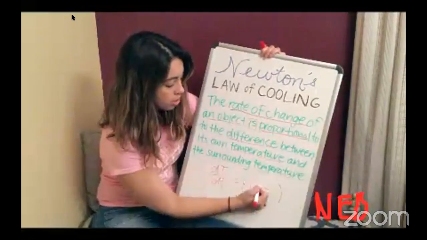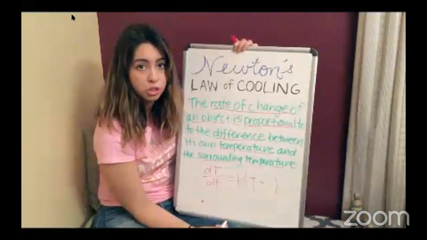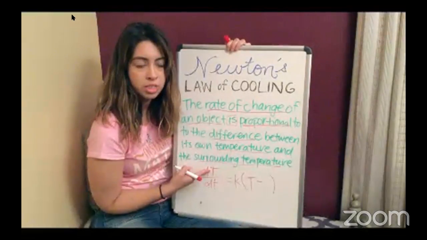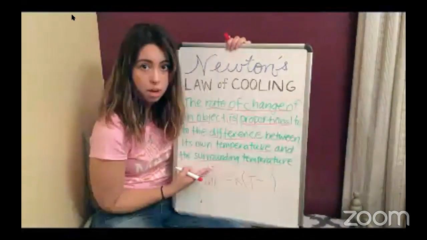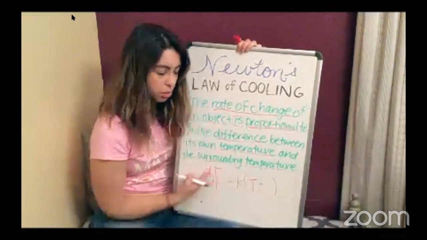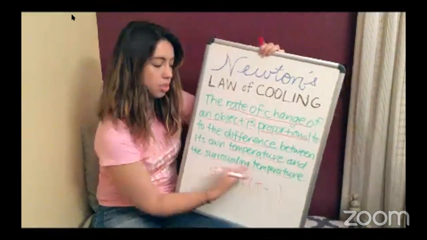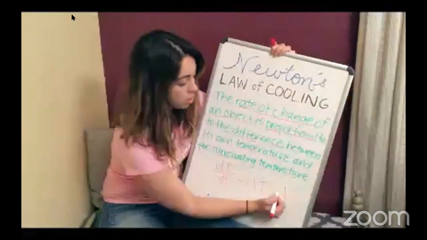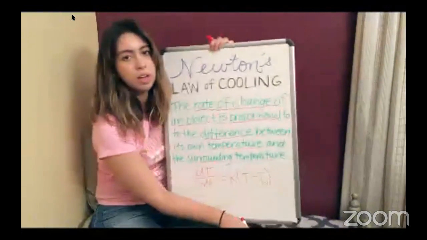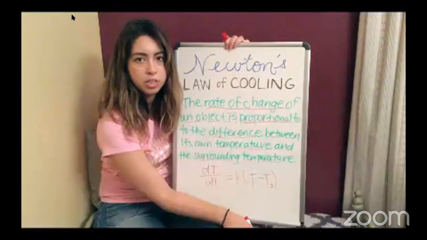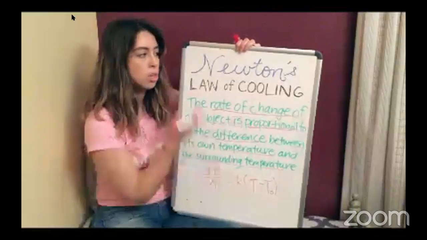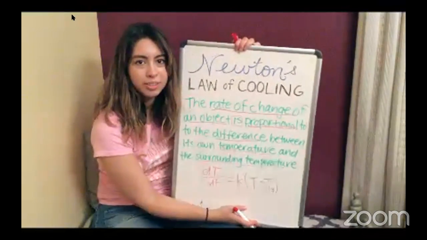So I'm going to use capital T to represent the object's temperature, just like we used capital T here to represent the change in the object's temperature. Then we're going to subtract the surrounding temperature. So I'm going to use capital T again with a little s there to represent surrounding temperature. So this is the equation that represents Newton's law of cooling.